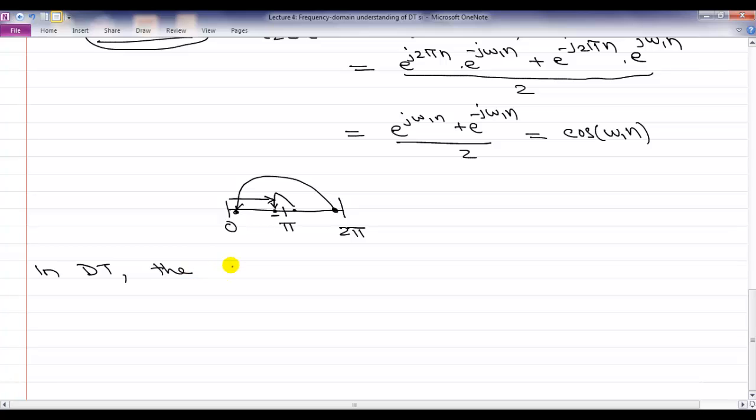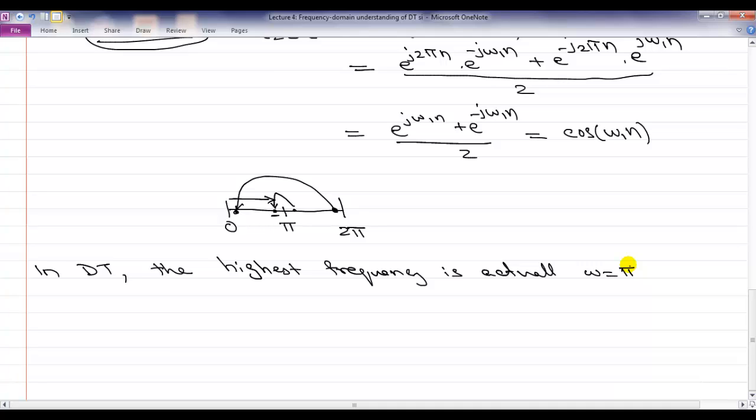the highest, I'm going to talk about positive frequencies right now. The highest frequency is actually little omega equal to pi. And by highest, what I mean is you can say that I have a frequency of 2 pi times 1 mega radians per sample.